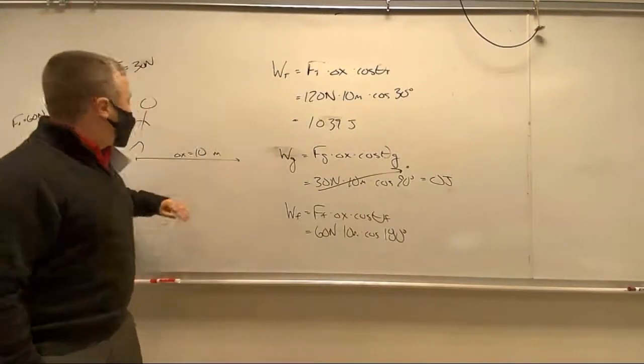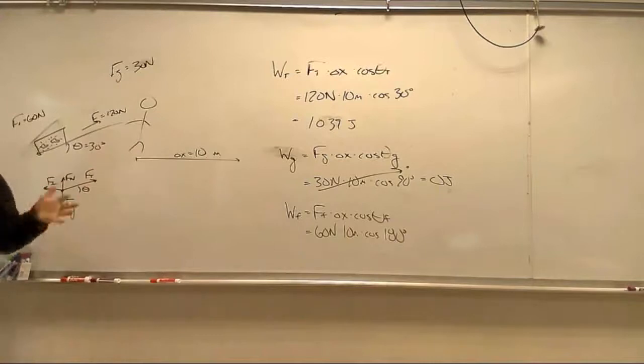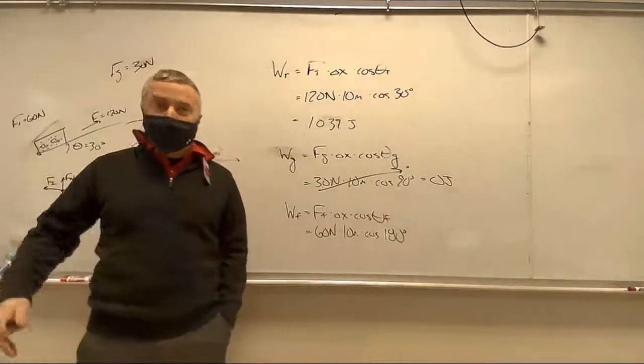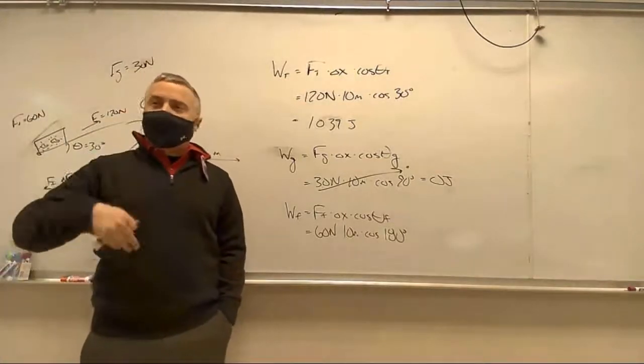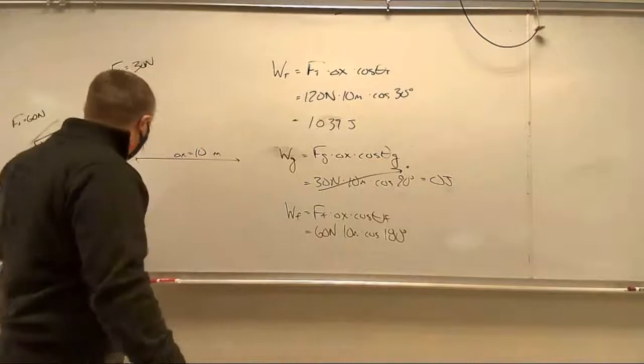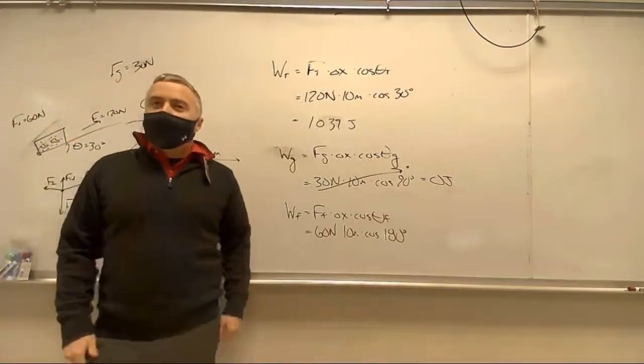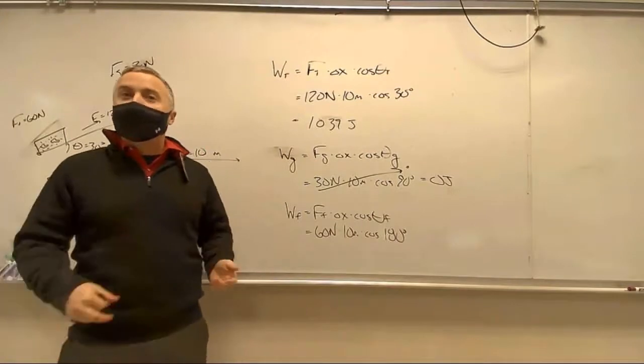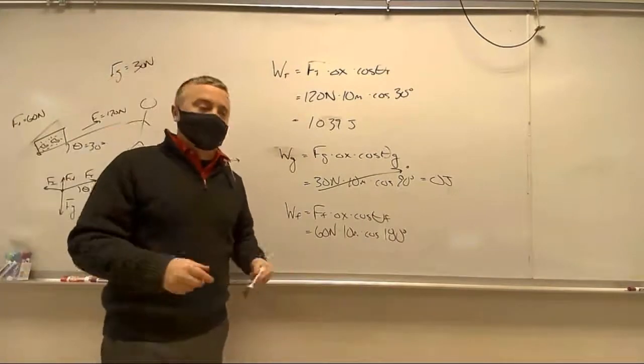And for work of normal, again, we don't know what force normal is. If I wanted to find force normal, yes, you will have to do some of that stuff from last chapter. You'd have to sum the forces and treat it like a vector. But do we really need to go find force normal in order to calculate this? No, because it's the same sort of thing again. So let me use this opportunity to show you the shortcut.